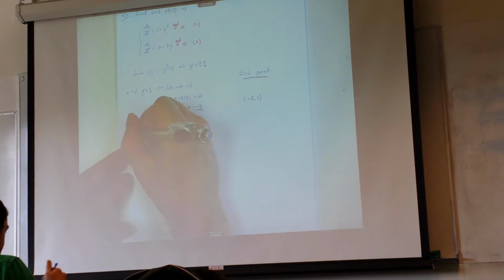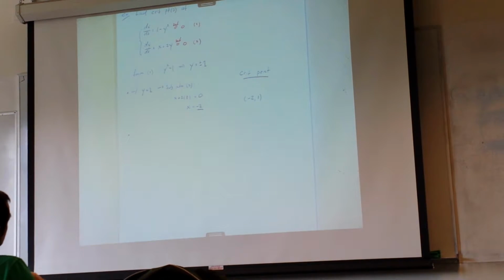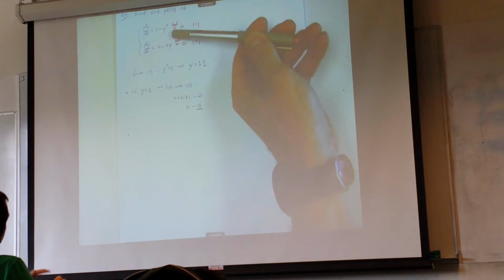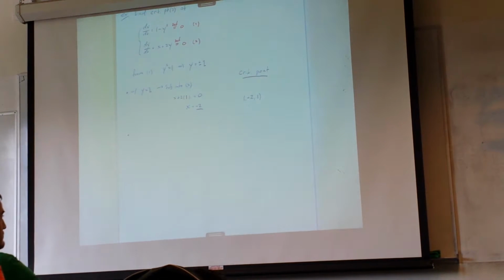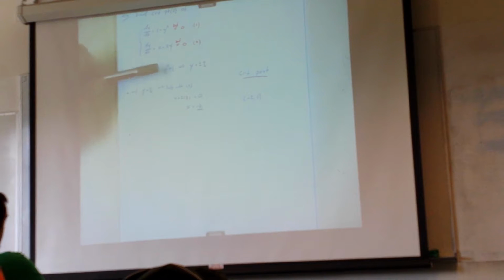Depending on the types of functions you have for dx/dt and dy/dt, you just have this kind of ad hoc method, substituting things until you can solve it. There's not a direct approach, especially if they get more complicated. But y has to be 1 or negative 1.